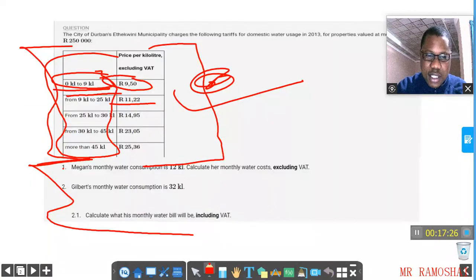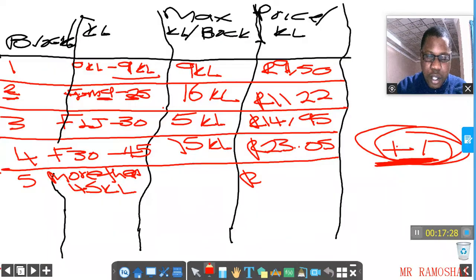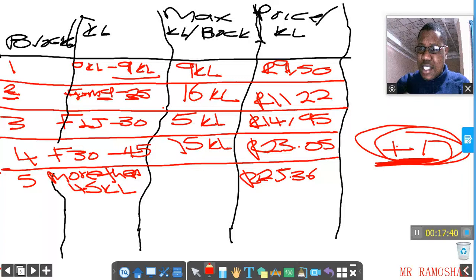What is the unit price? It's 25 rand 36 cent. You see, guys, if you realize I jumped something here, that I didn't write anything on it.